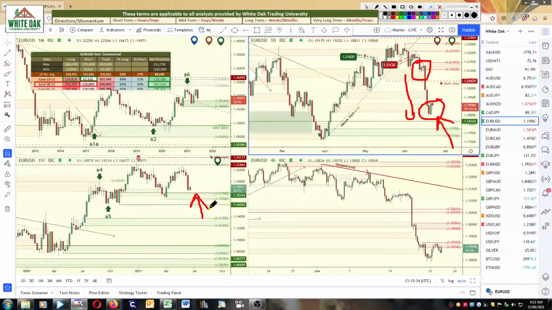Considering the fact that long positions were at 232,000, okay? 232,000. Short positions were 124,000. So if price was going to drop, you'd probably want to reduce those long positions. Why?